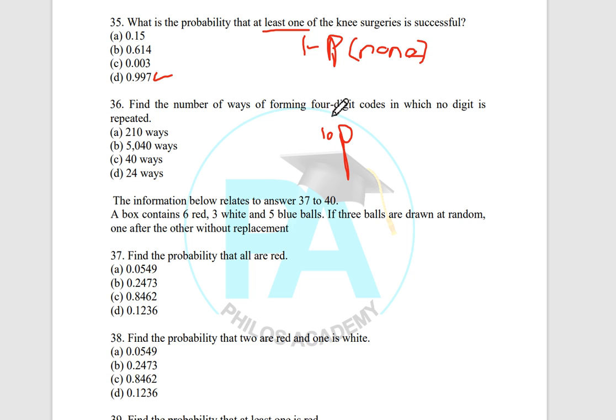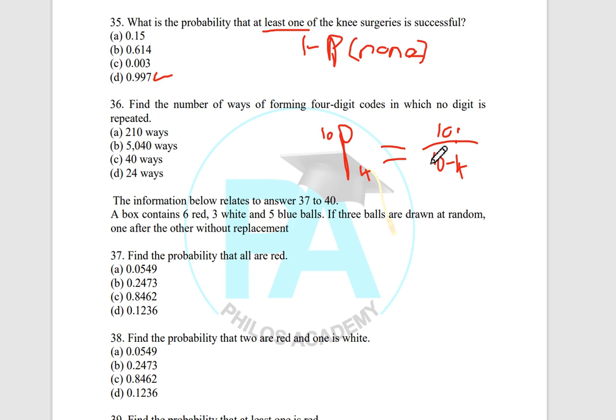It's a 4-digit code, so it's 4. So we say 10 permutation 4. And for 10 permutation 4, the formula for permutation is n factorial over n minus x factorial, which is 10 factorial divided by 10 minus 4 factorial.